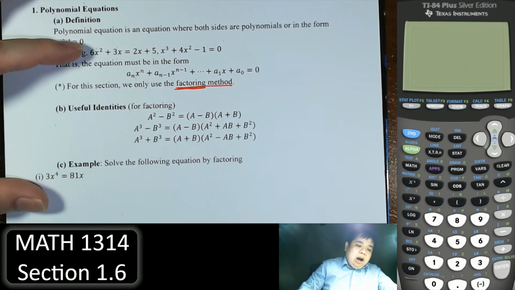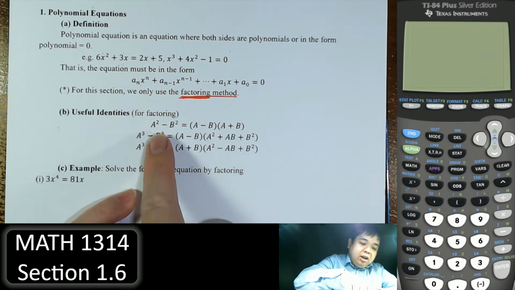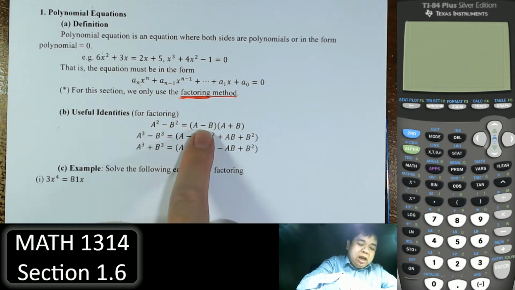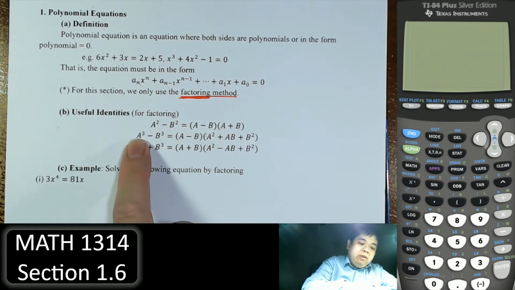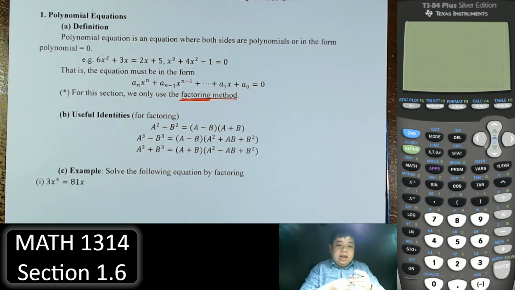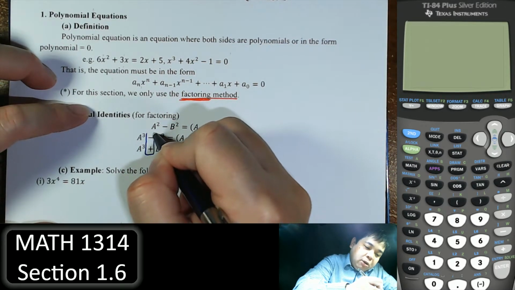For factoring, these are some useful identities. Difference of two squares: a squared minus b squared is a minus b times a plus b. Difference of two cubes, or the sum of two cubes. Here is how I remember it. It could be minus or plus.